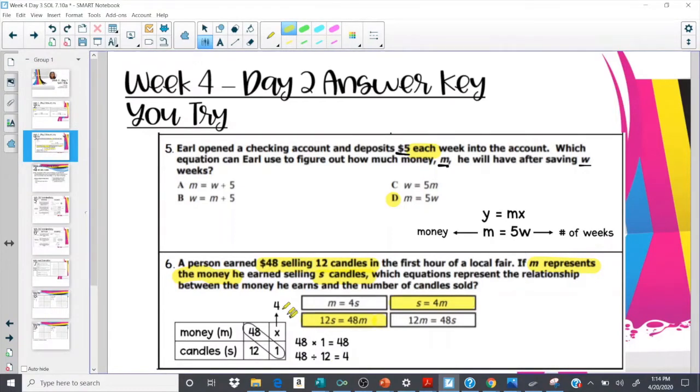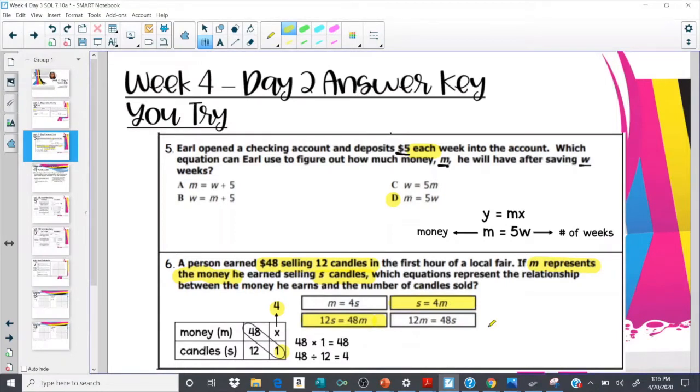So if this person sold 1 candle, they will receive $4. That's 4M and 1S, which is this equation here. 1S, or just S, is equal to 4M. And that is how I got those two answers.